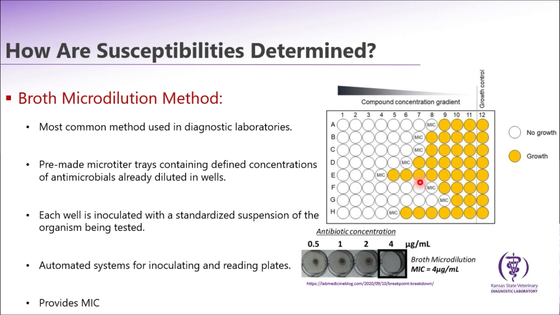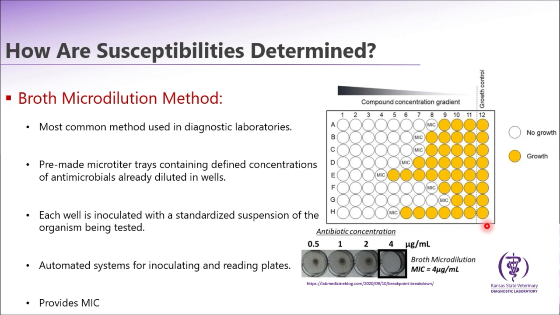So the way it works, like I said, we prepare a bacterial suspension, and we compare the turbidity of this suspension to a 0.5 McFarland standard, so that we have a very standardized suspension that every single well will receive. We try to provide a very fair playing field for all the antimicrobial concentrations in the wells.